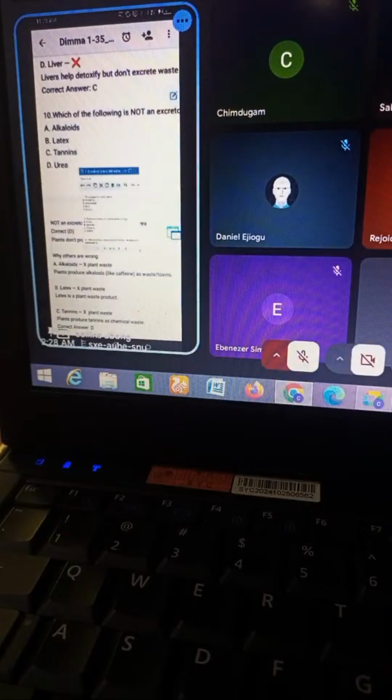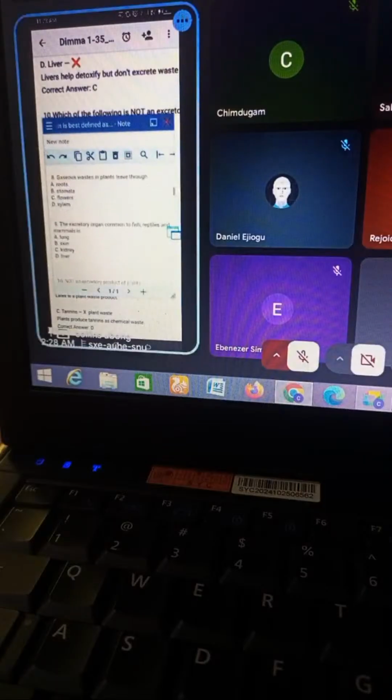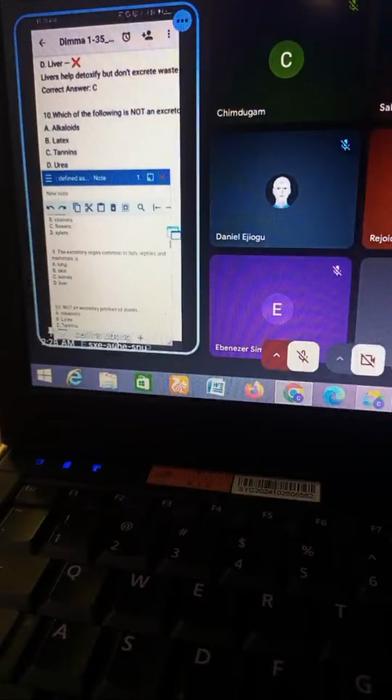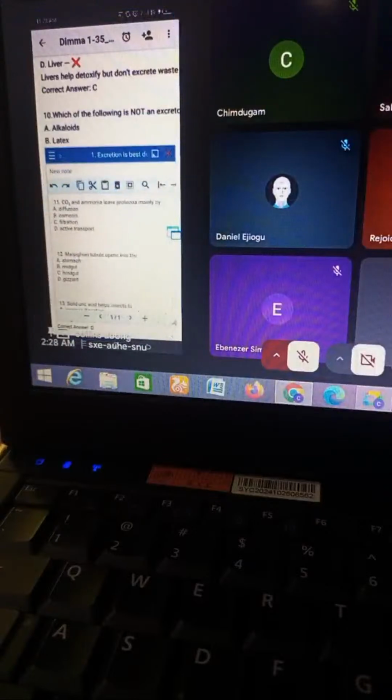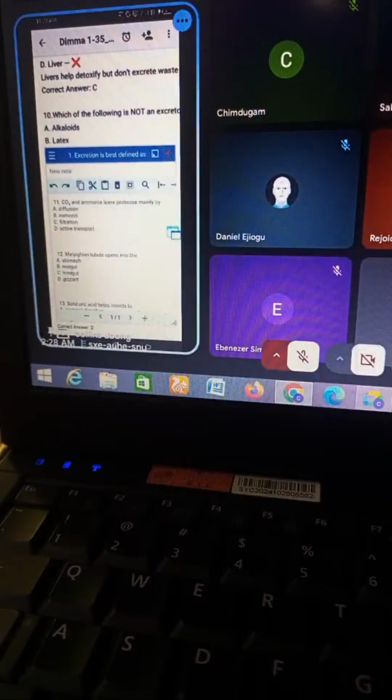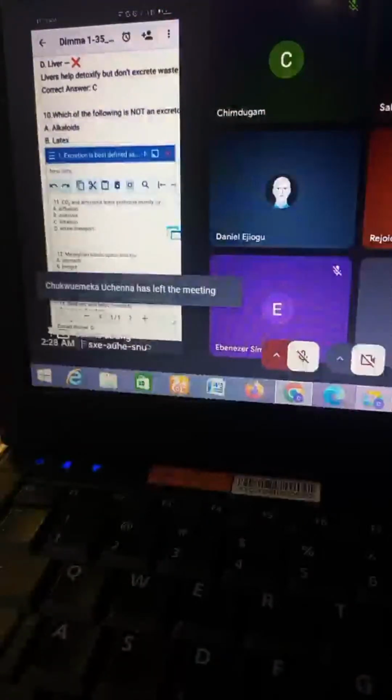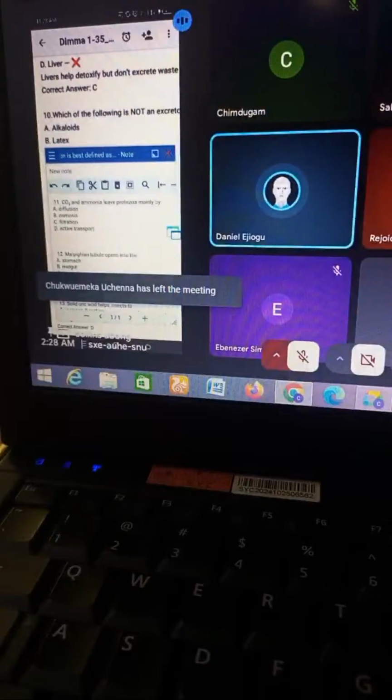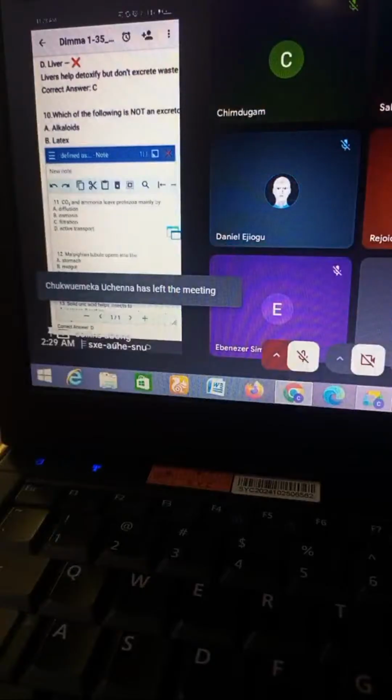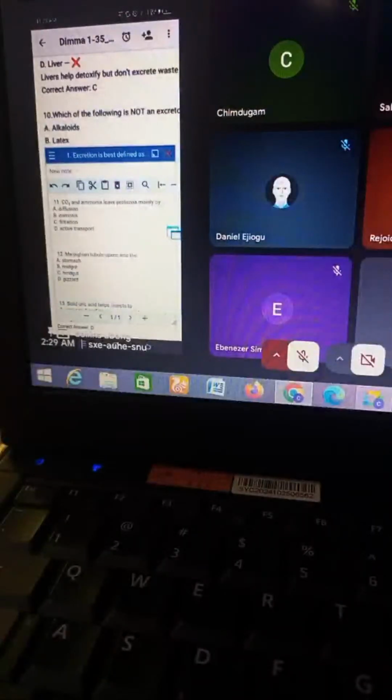This is number 10. So we're looking at 11. Can somebody read the question? CO2 and ammonia leave mainly by diffusion, osmosis, diffusion, active transport.